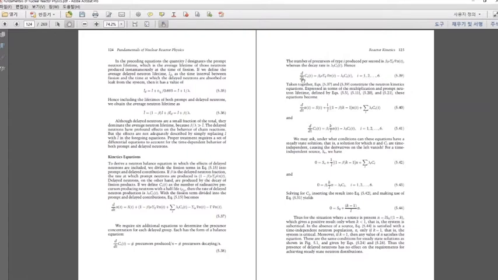The change of precursor concentration is given by sigma f, the average speed, and the neutron density, which together give the fission rate.